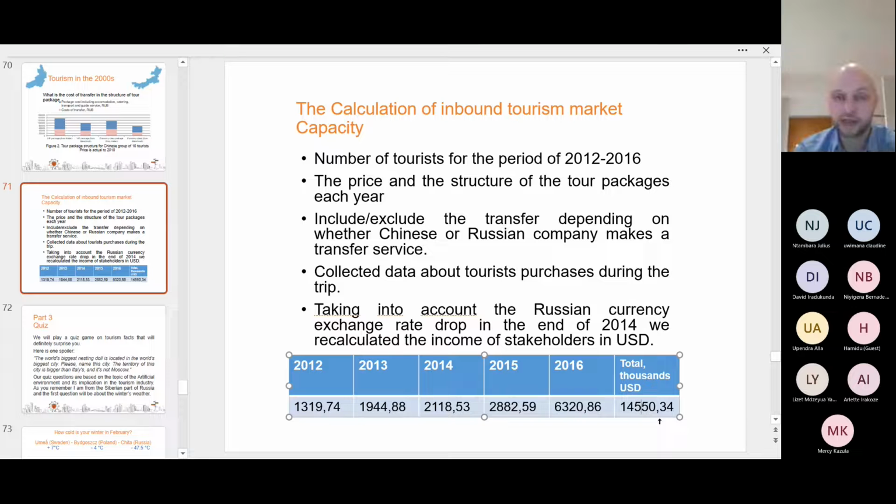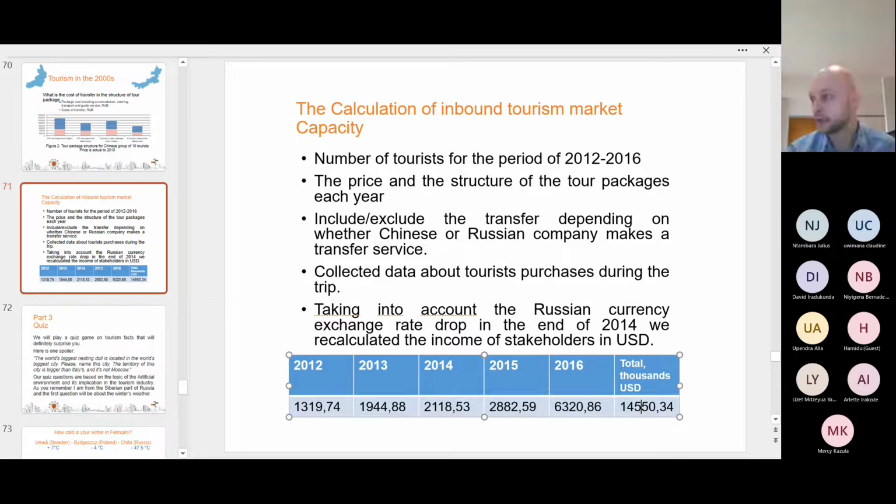Then restaurants with traditional cuisine. We have a Buryat minority, we have Russian cuisine, we have Chinese northern cuisine restaurants. So this is the amount of money spread across the entire region from inbound tourism.